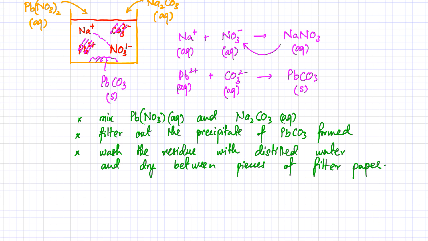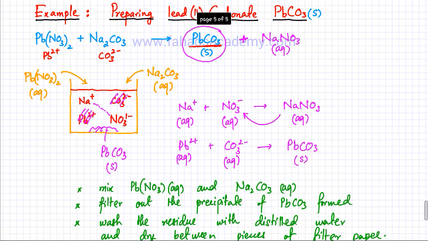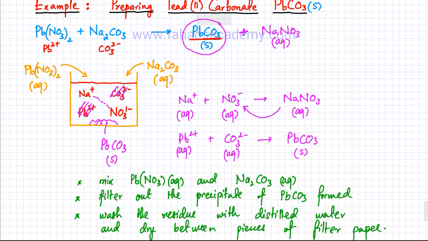So whenever you have an insoluble solid, which in this particular case is lead carbonate, I'm going to revise the steps that we did. Lead carbonate would be obtained by mixing together two soluble substances. One contains lead ions and the other should contain carbonate ions. If you mix them together, lead ions from this substance are going to react with carbonate ions from the other substance, and they're going to form an insoluble solid.